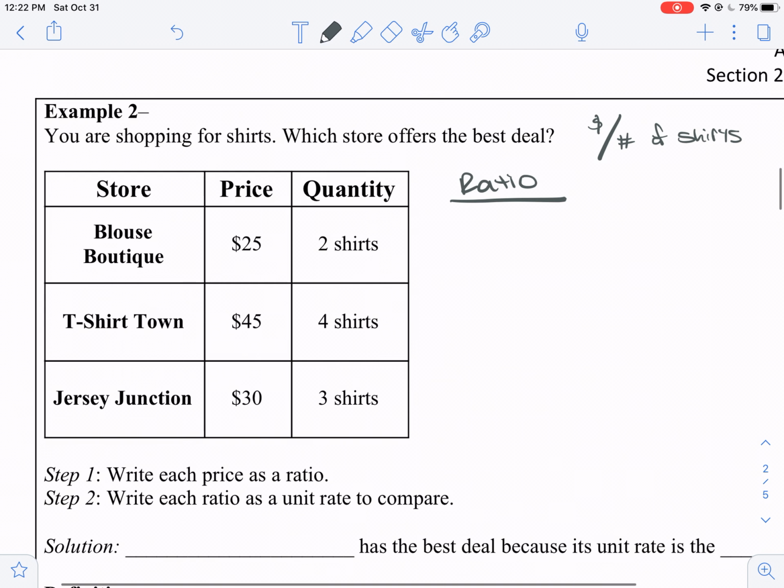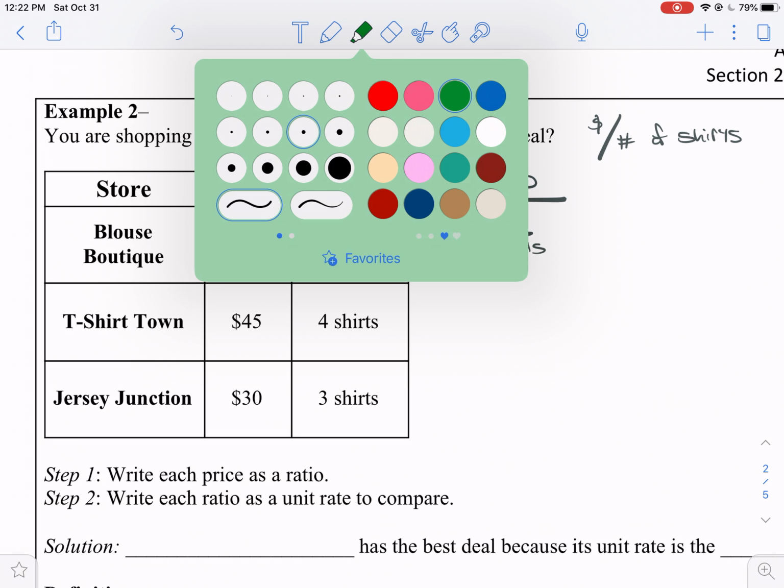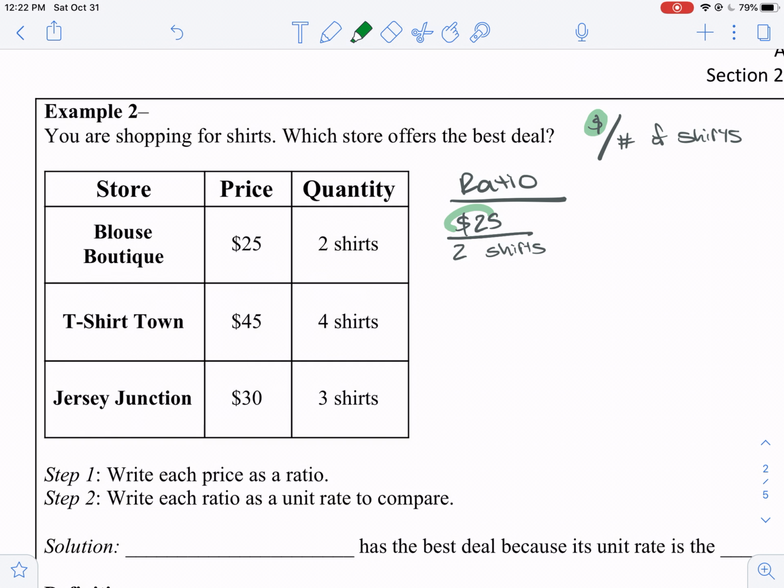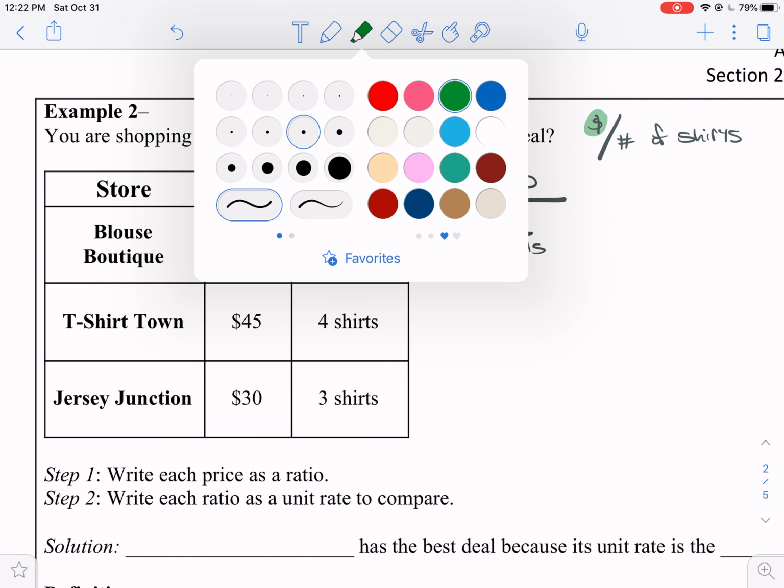So our Blouse Boutique has a ratio of $25 for 2 shirts. Again, we're following this pattern of the price, the cost, for the number of shirts that we have.